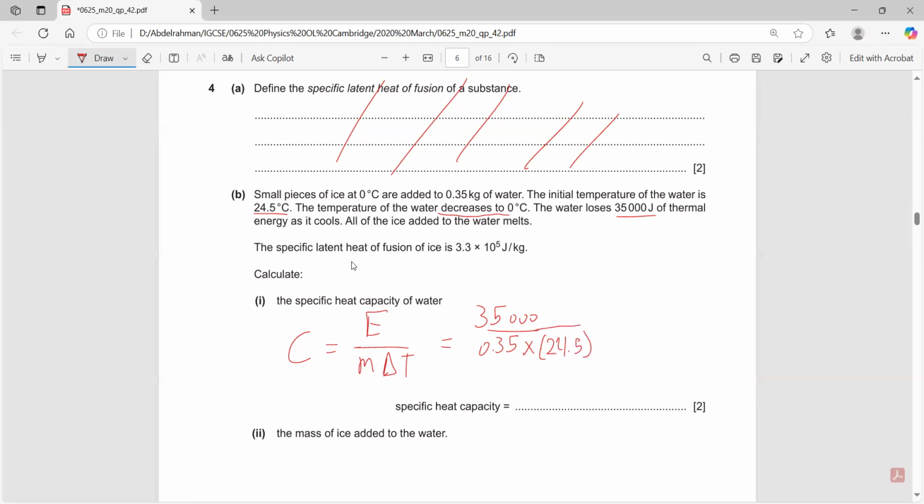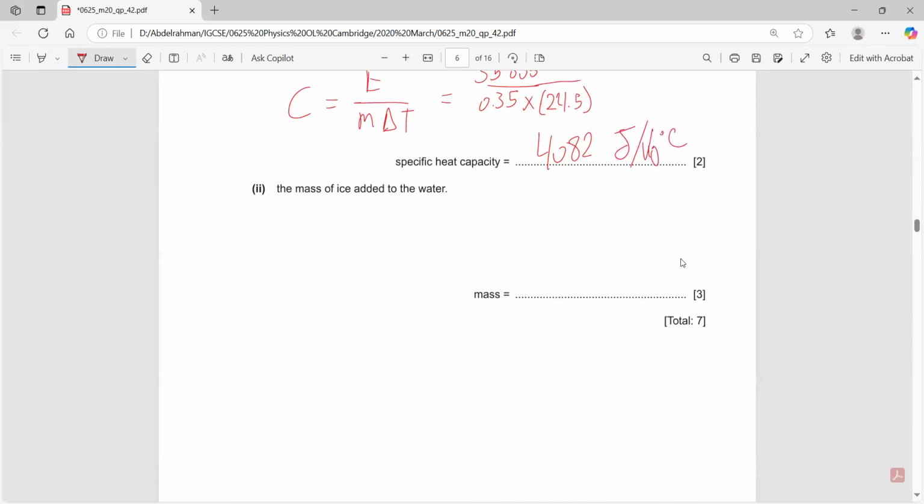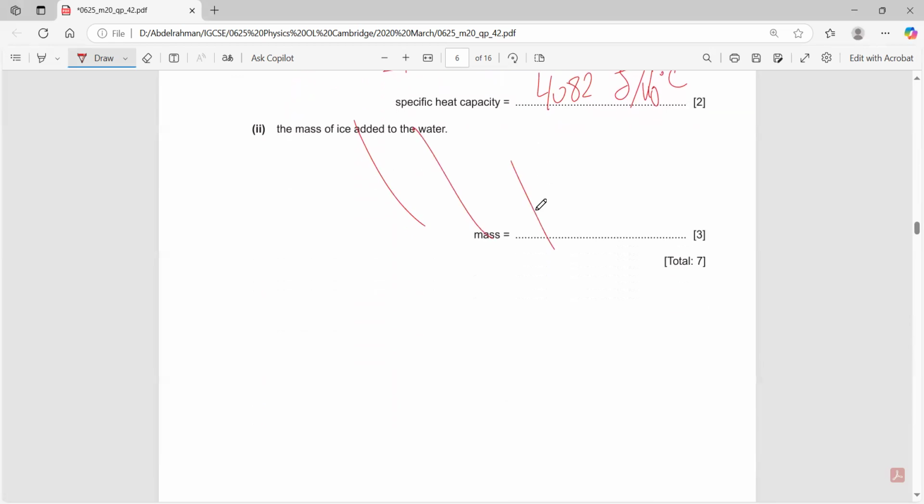Yes. 35,000 divided by 0.35 times 24.5 is 4,082. What is the unit? Do not forget about the unit. Joules per kilogram degree Celsius. Part II is cancelled because it has to do with the latent heat of the ice.